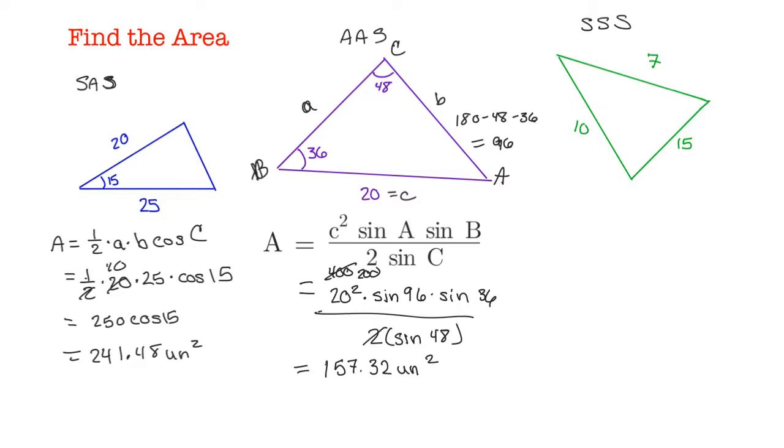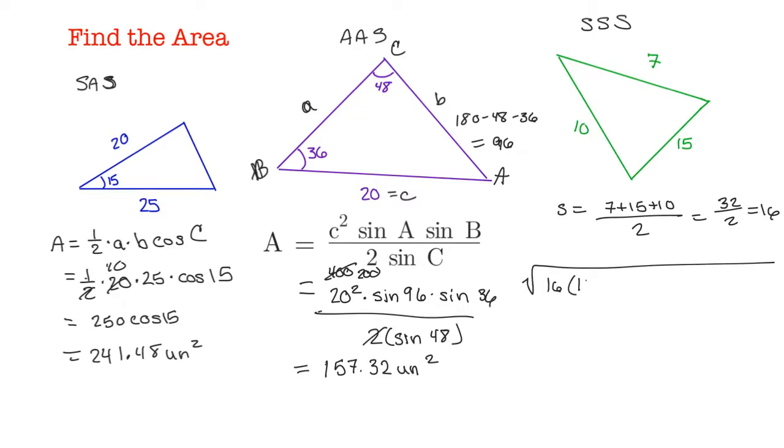Okay, so for the last one, we're going to use Heron's formula. The first thing we have to do is find Heron's number, which is to add the 3 sides and divide by 2. That's going to give us 32 divided by 2, which gives us 16. And then we do the square root of Heron's number times Heron's number minus one side times Heron's number minus the second side times Heron's number minus the third side.